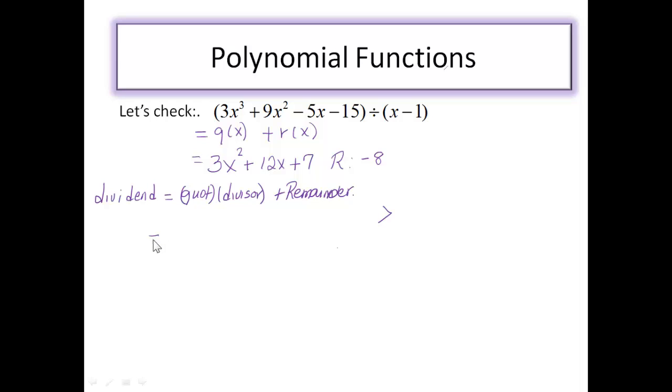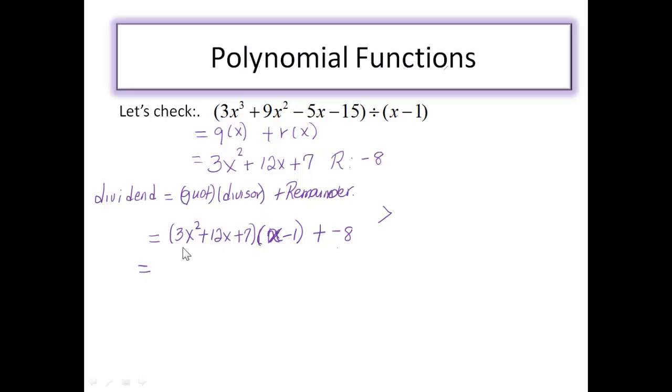The dividend is equal to the quotient. We found that our quotient is 3x squared plus 12x plus 7 times our divisor, which is x minus 1, and we're going to add negative 8.